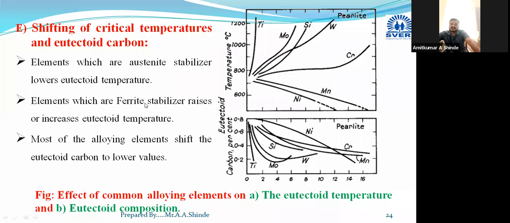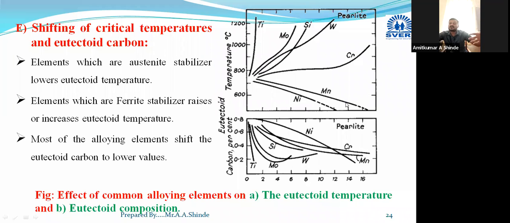And elements which are ferrite stabilizers raise or increase the eutectoid temperature. So this is the effect of alloying elements on eutectoid temperature. Ferrite stabilizers will increase the eutectoid temperature, and austenite stabilizers will decrease the eutectoid temperature.